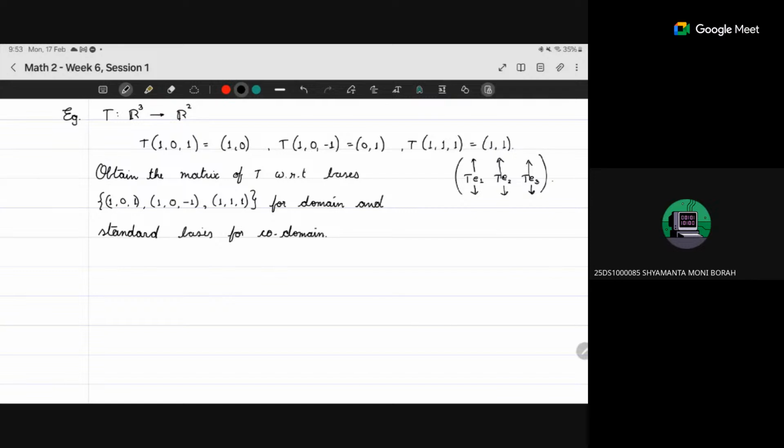To obtain the matrix of T with respect to some basis, you have to evaluate the linear transformation on those basis elements. In this case, I want the matrix of T with respect to the given basis for the domain. So I have to calculate what T of 0, 1, 0, 1 is, T of 1, 0, minus 1 is, and T of 1, 1, 1 is. But fortunately, that is already given to me as 1, 0, 0, 1, and 1, 1.